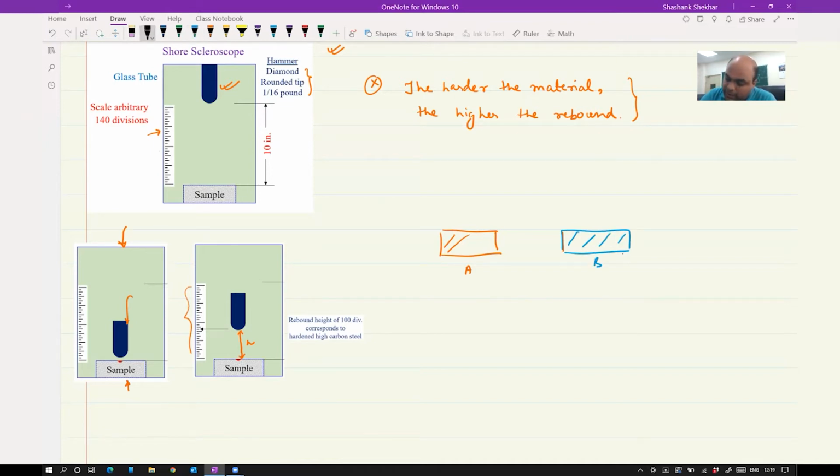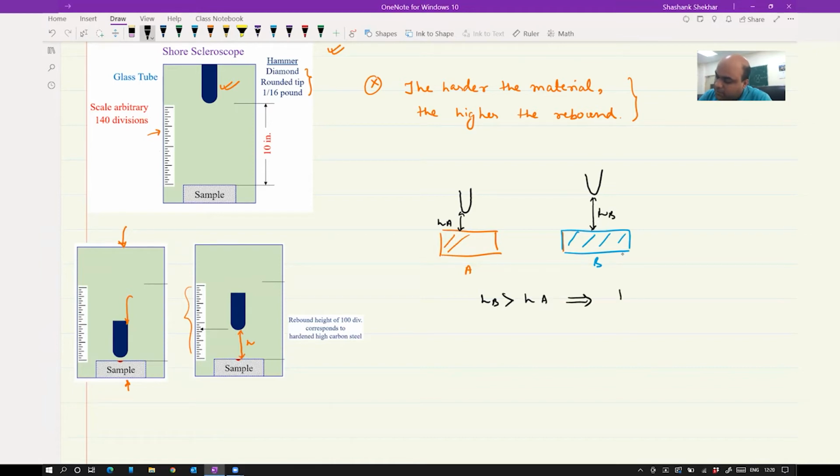In one of them, after rebound, my hammer was here. So this is my rebound height for, say, A, and in another one, this is the rebound height for B, hB. So here hB is greater than hA.